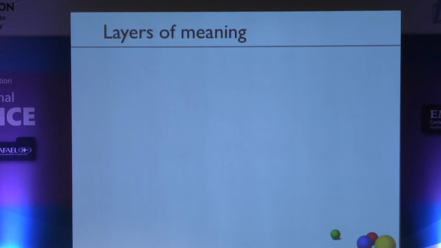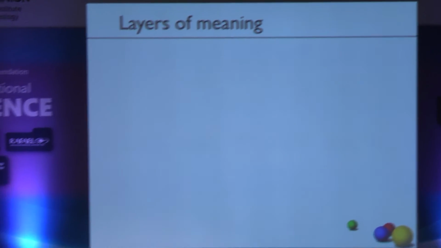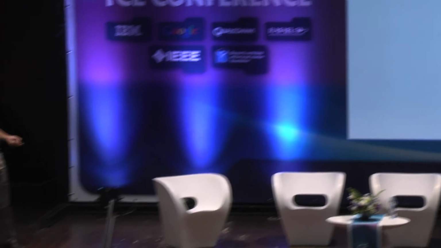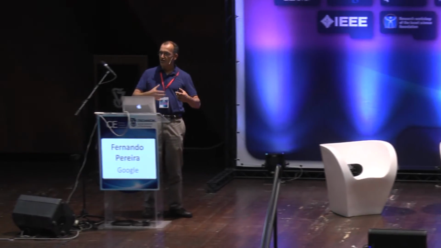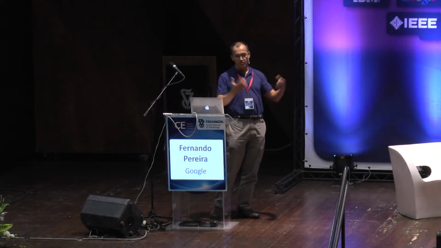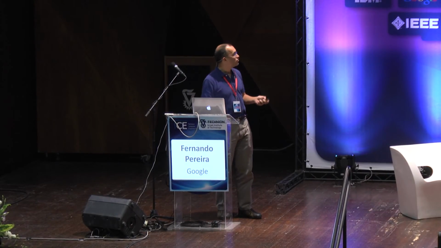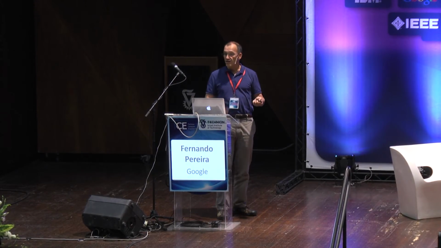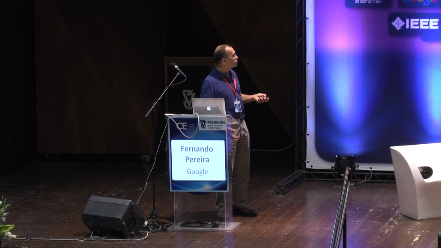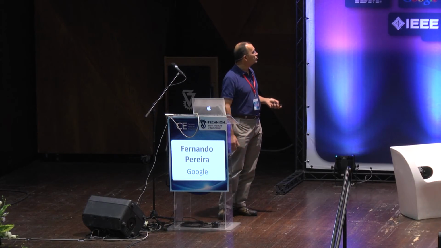Now, one of the things that we have been focusing on as well is that we don't just take the text as a sequence of words, but we're actually going to try to analyze it grammatically and semantically to support the kinds of inferences we need to do.